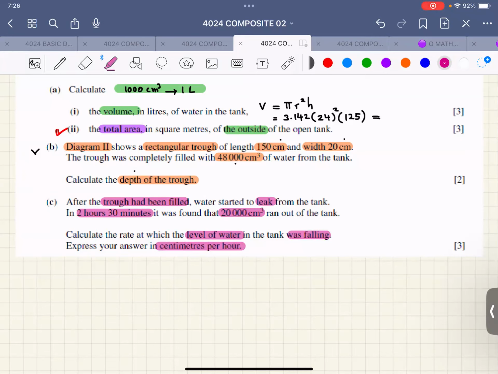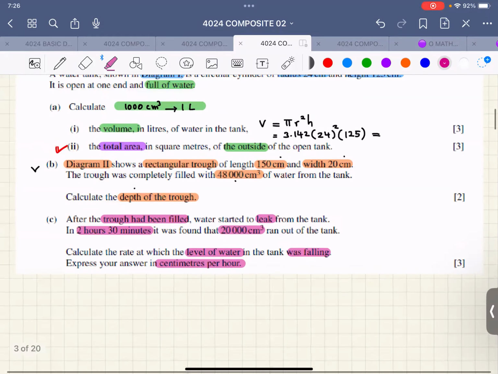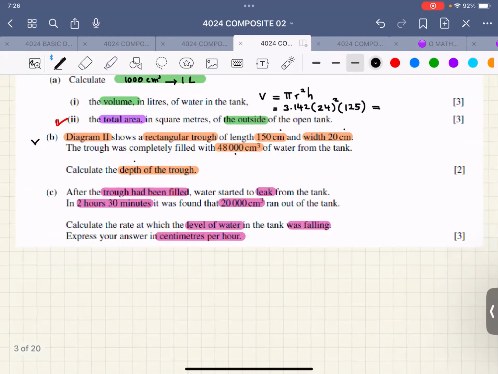Now, what exactly is this? Now we are interested in the level of water. Now, first of all, 20,000 centimeter cube, this is the volume, and the dimensions remain the same. The length is 150, and the width is still 20. Let's find the new height.